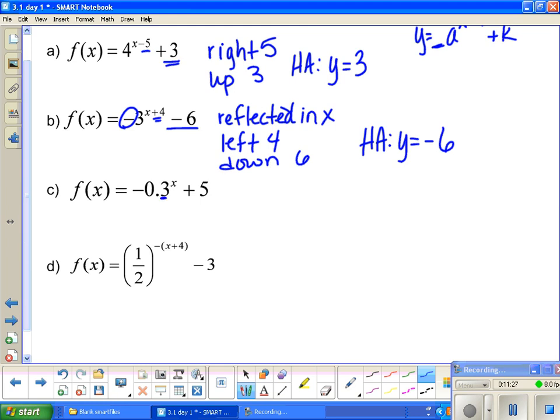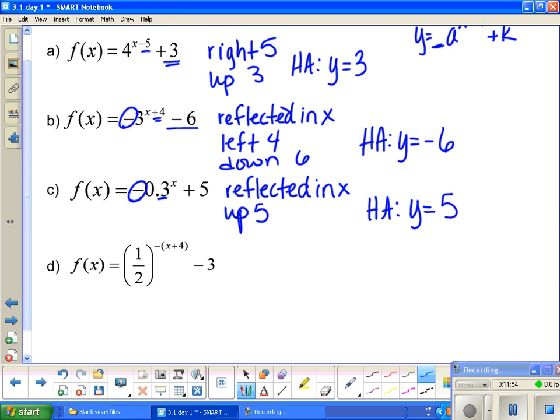Now I look at this and I can say it's a decreasing graph because it's between the 0 and 1. It is also reflected in x because of the negative. There's no H shift, but it's going to shift up 5. So my horizontal asymptote will be y equal 5.